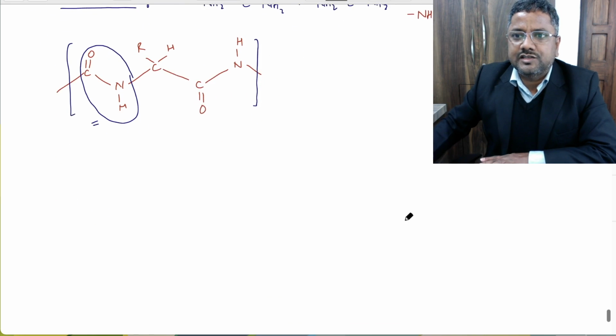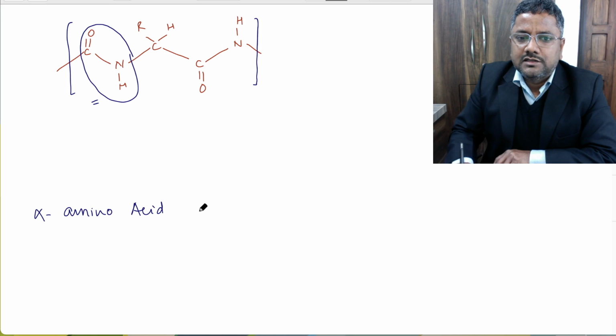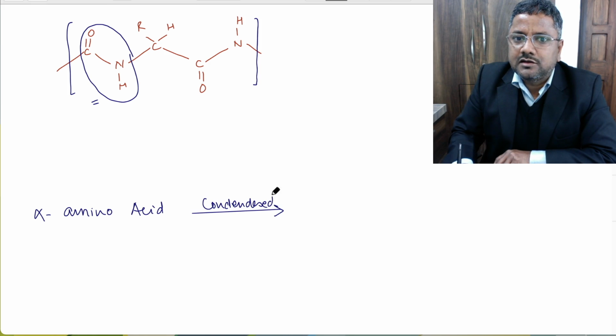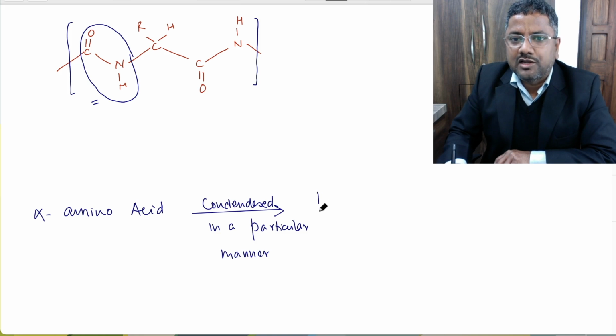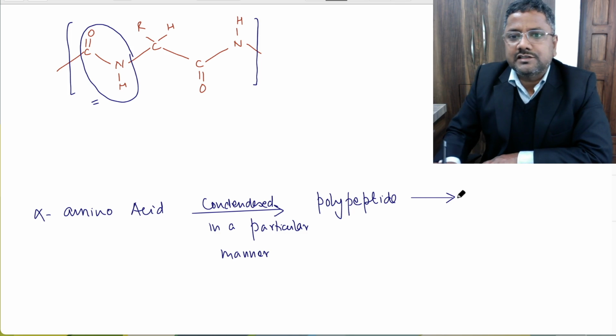And see, alpha amino acids condense in a very particular manner and produce polypeptide, and if the number exceeds a certain limit, then this is called protein.